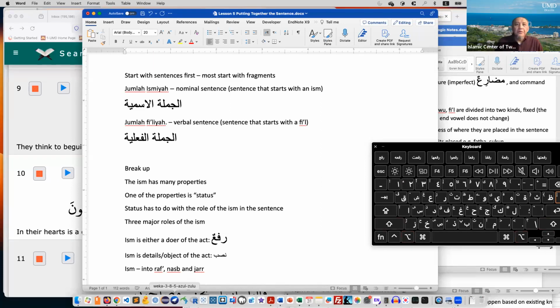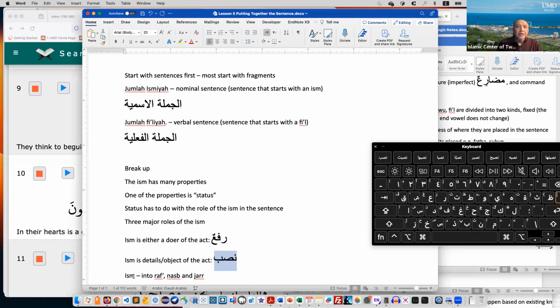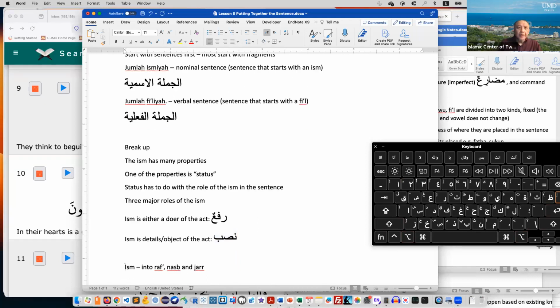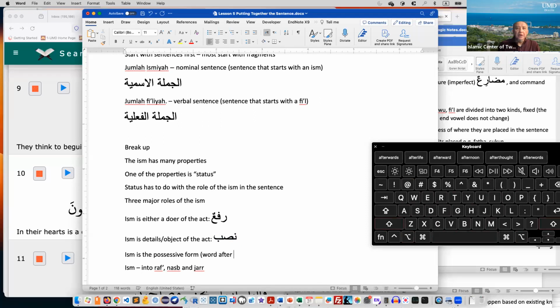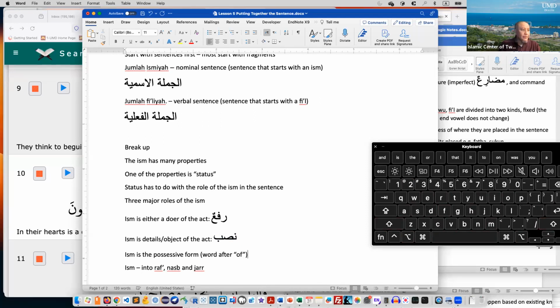Raf'un, nasbun. Or the other one is jarrun, where the isim is in the possessive form, or the word after 'of'. So these are the three.